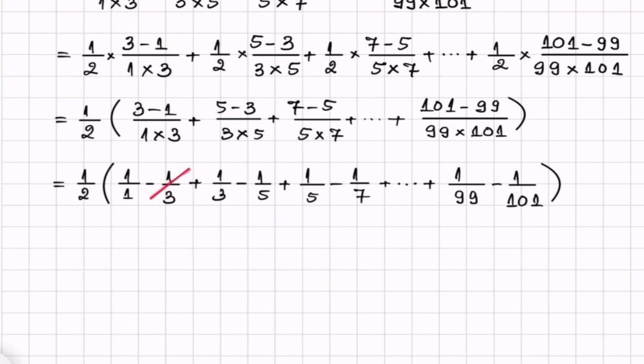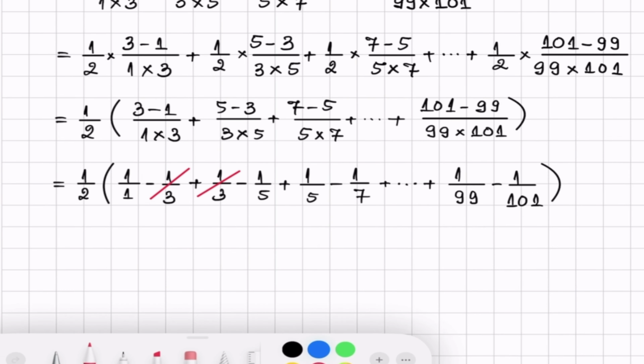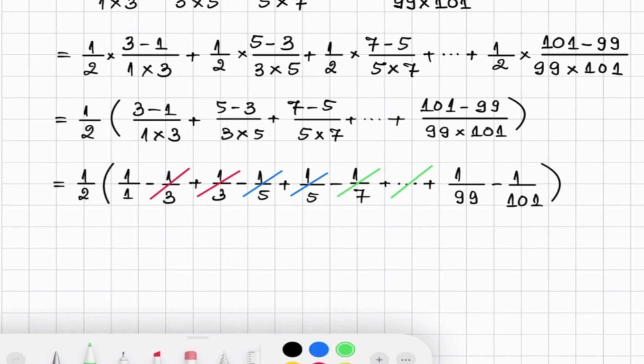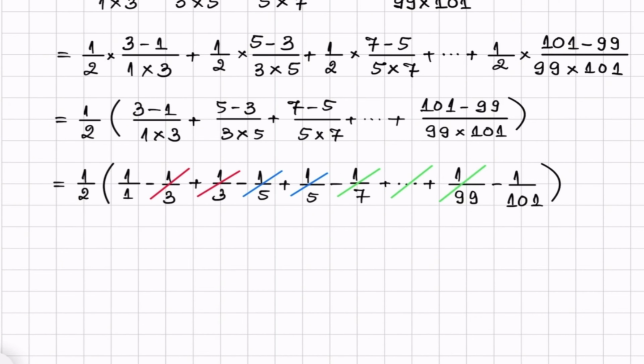Okay, so let's look at these fractions. The negative sign and positive sign can cancel each other, and here it is also the same. We keep cancelling out until the final one here.